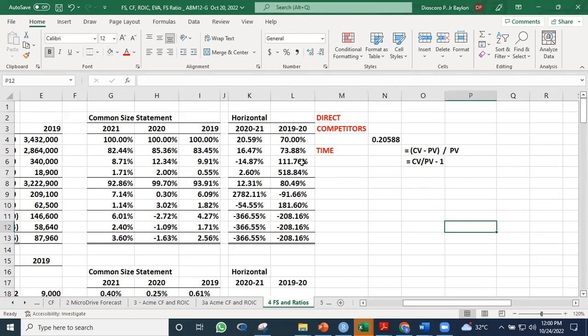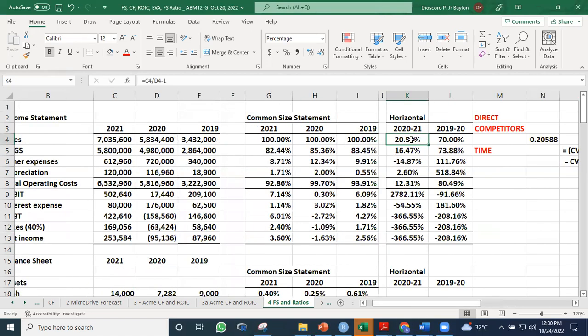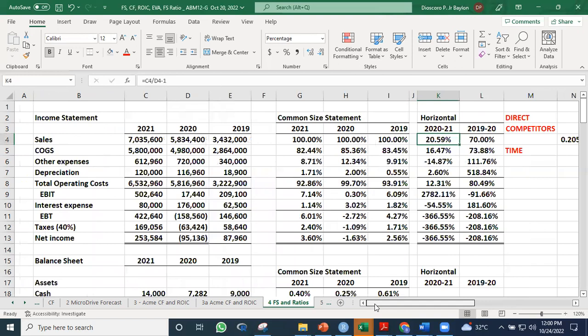Okay, so we can see here that between 2021 and 2020, no? 2020 to 2021, sales went up by 20%. And cost of goods sold went up by 16%. Other expenses went down by 14.87%. Depreciation increased by 2.6%.